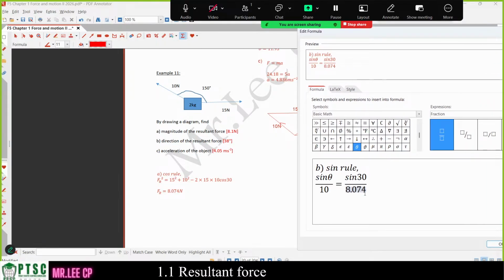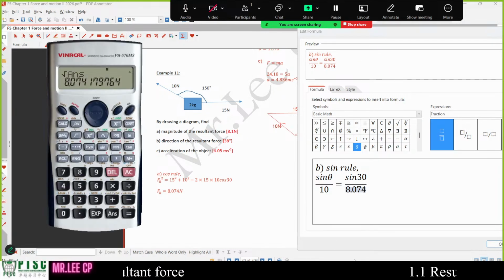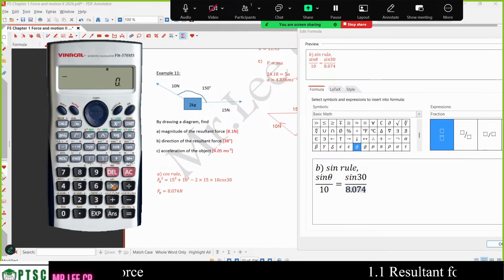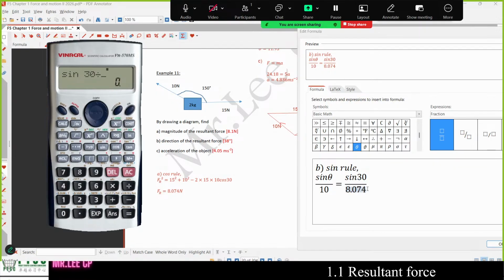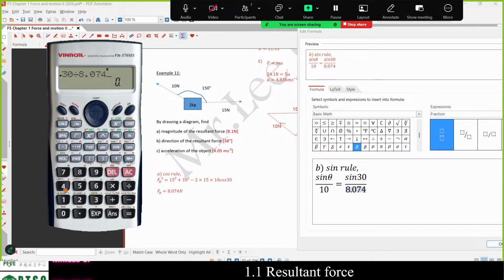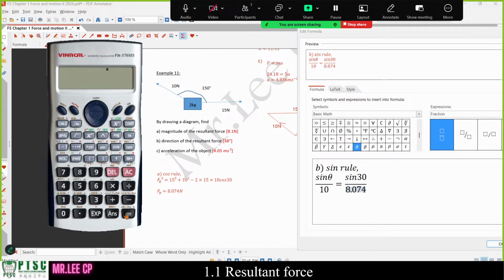Okay, because of this one, I didn't round off, not like this one where we round off. So the angle will be slightly different, right? But it is near to 38. Now sine 30 divided by this one, 0.074, times 10, equal.